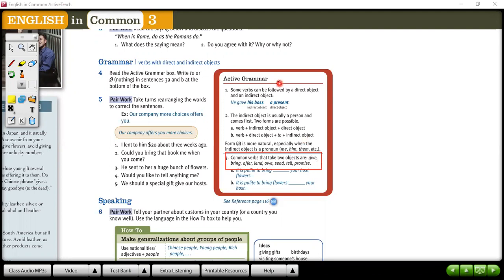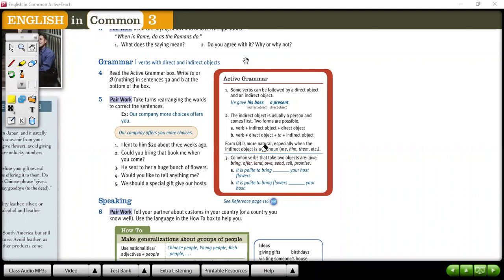Yes, thank you. What does common verbs that take two objects mean? Teacher, these verbs accept direct and indirect objects, and they are usually written and told in sentences.